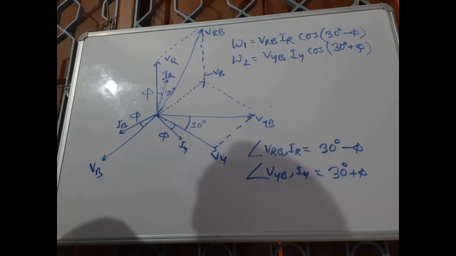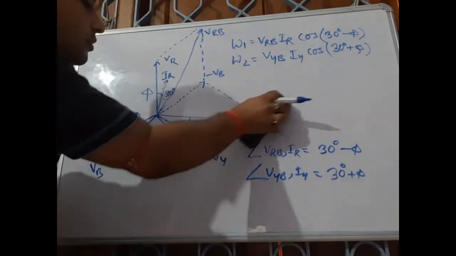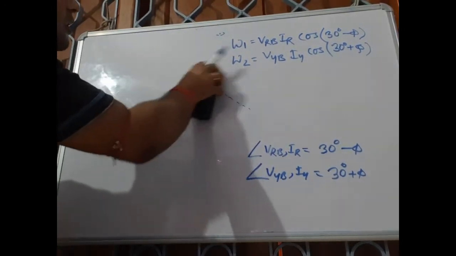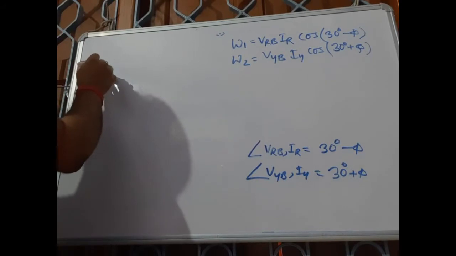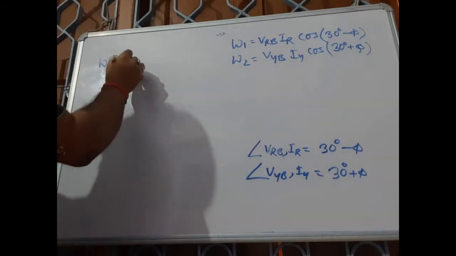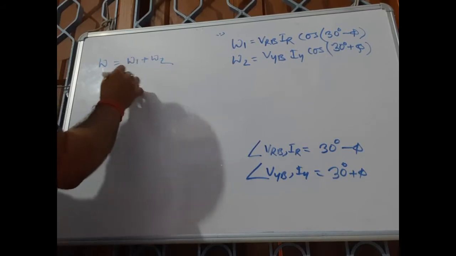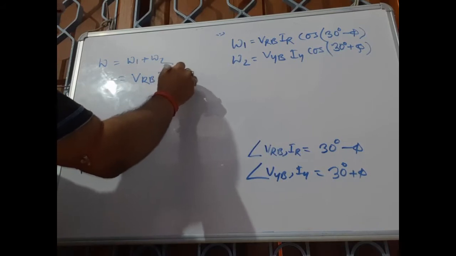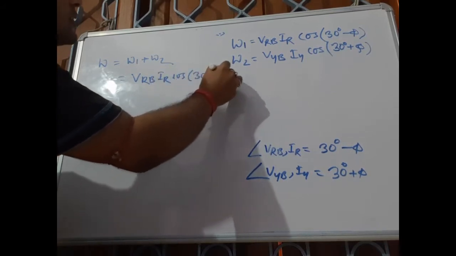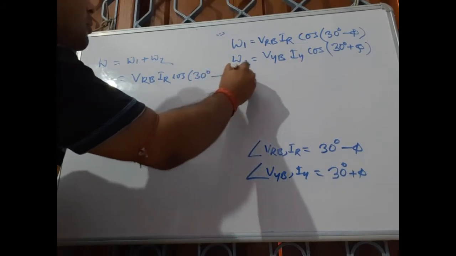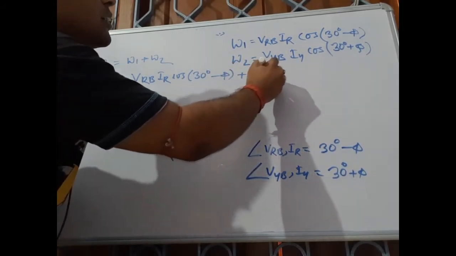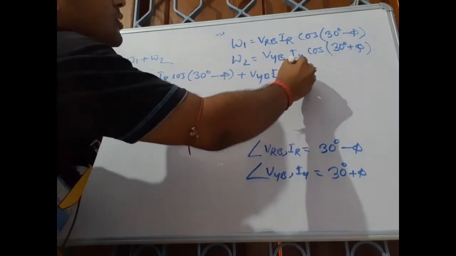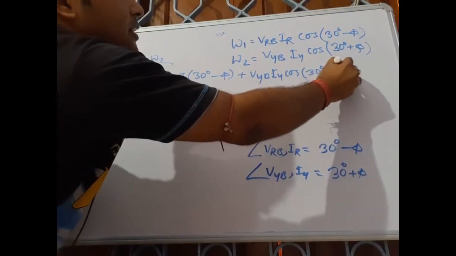Now what will be the total power? Total power W is equal to W1 plus W2, and that is equal to VRB IR cos of 30 degree minus phi plus VYB IY cos of 30 degree plus phi.